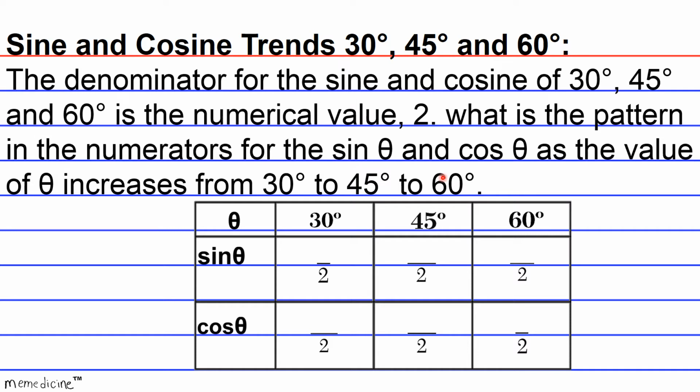All right, so hopefully by now you were able to press pause and arrive at an answer. And if you didn't, that's completely fine. That's why we're here to explore the concept of sine and cosine trends together, okay? But before expressing the sine and cosine for the theta values 30 degrees, 45 degrees, and 60 degrees, and just in case you're wondering, theta is a Greek letter, lowercase.